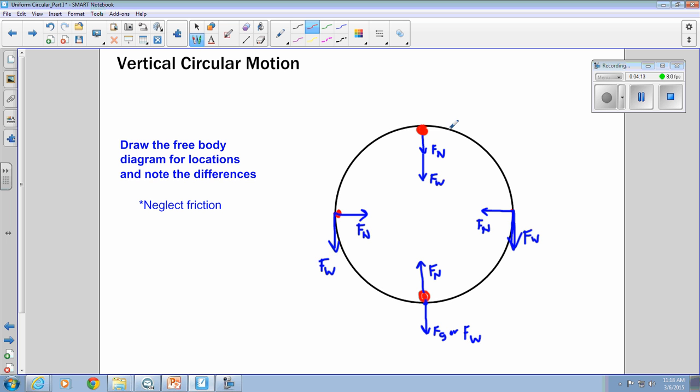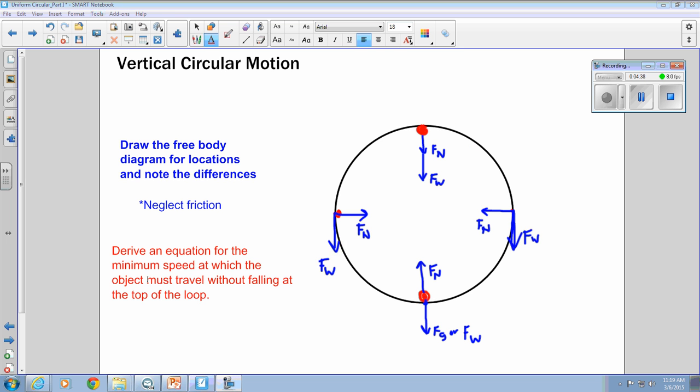So often we're faced with a problem where we've got to get a minimum speed in order to have a normal force up here in order to keep ourselves in contact with the loop. And that minimum speed is whenever that force normal is equivalent to 0.